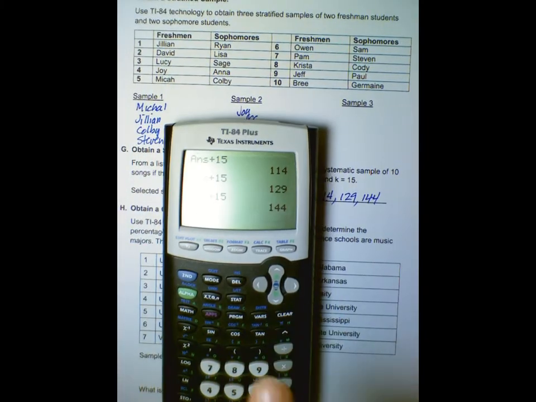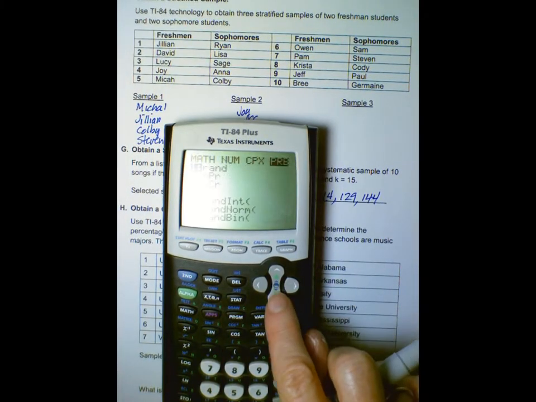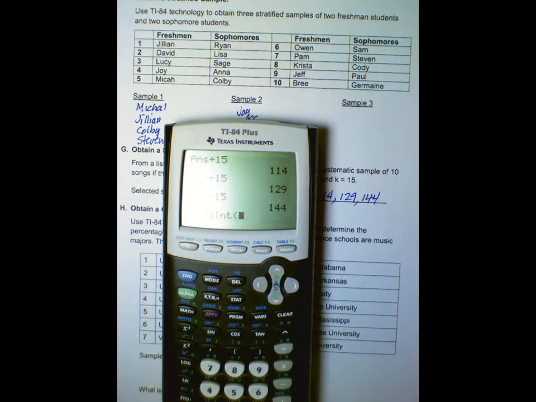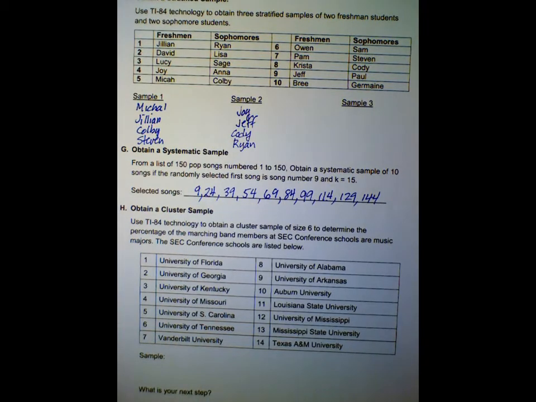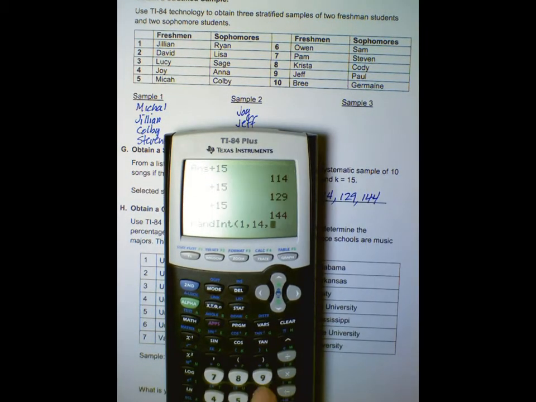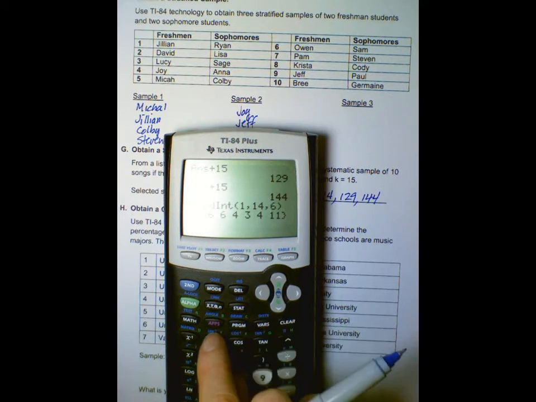So again, I'm going to say math, probability, number 5. Okay, my schools are numbered 1, comma, to 14, comma, and how many did it say to select? 6. Of course, if I get duplicates, I'll have to run it again, and I did. So let's try that again.